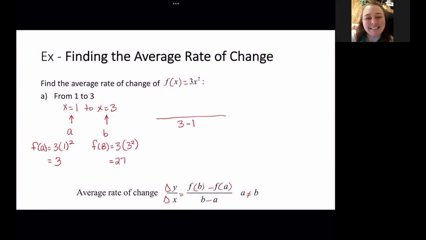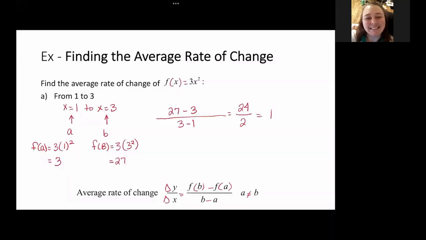So let's put those two values on the top. f of b is 27 minus 3, which is 24, over 2. It's going to be equal to 12. That's my average rate of change for that equation from 1 to 3. That's all there is to it.